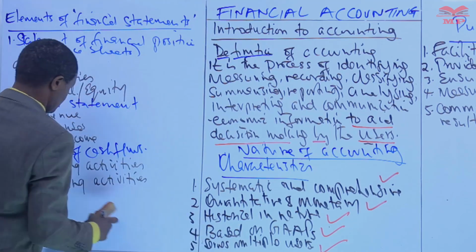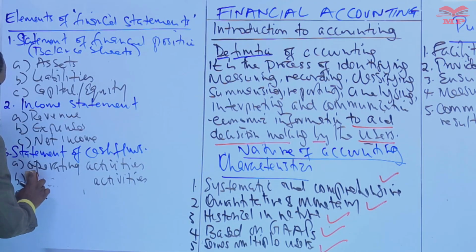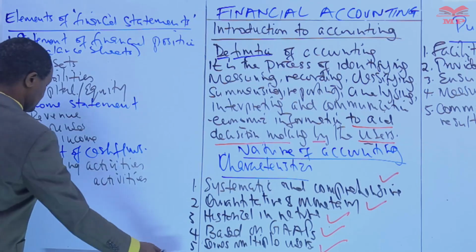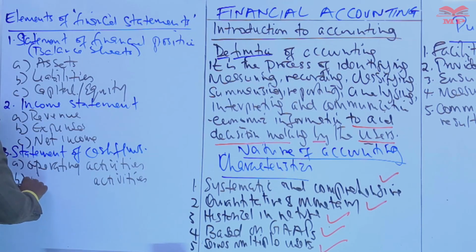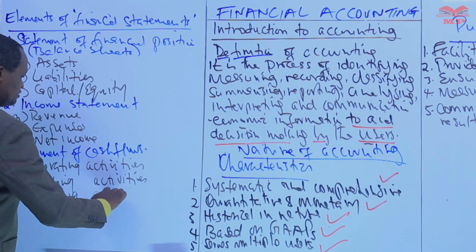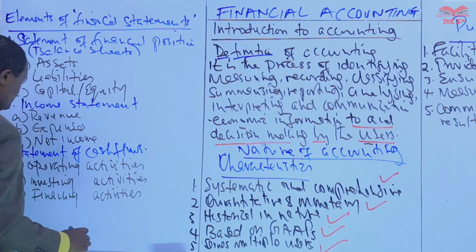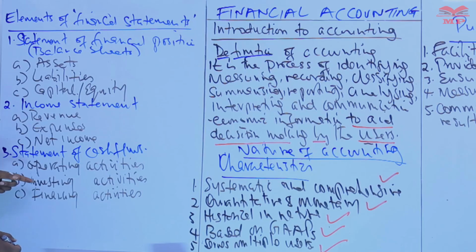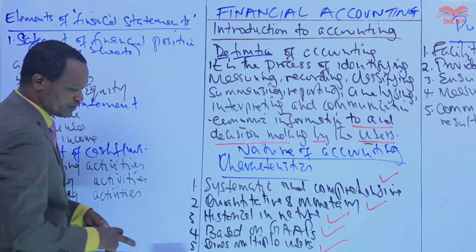I should reverse this. We have operating activities, investing activities, and the financing activities. These are the major elements of the statement of cash flows.